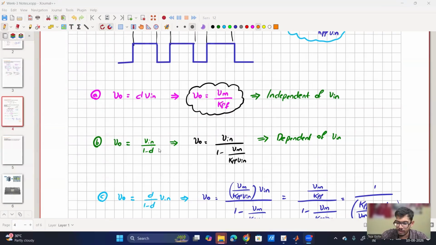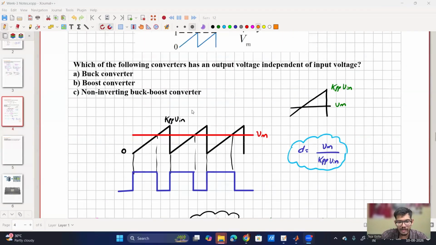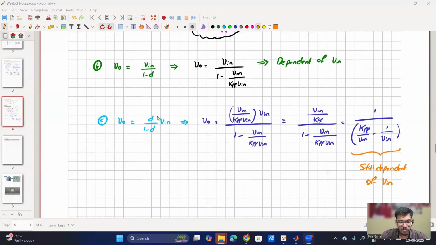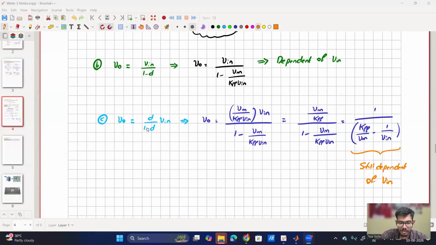So D should not be a function of Vin; instead 1 minus D should be a function of 1 by Vin. But in the case of non-inverting buck boost, neither D nor 1 minus D, but D by 1 minus D should be a function of 1 by Vin. So Vin will get cancelled.